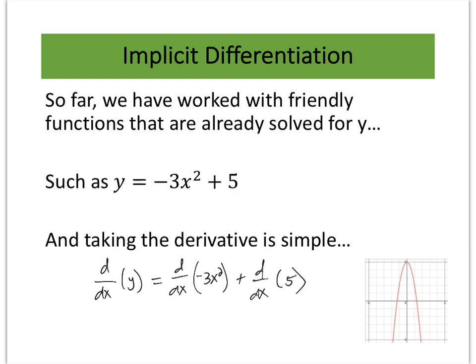We just take the derivative of each piece because that's what the sum and difference rule says, and then we get dy dx equals negative 6x, plus 0. So our function is really friendly in that way.